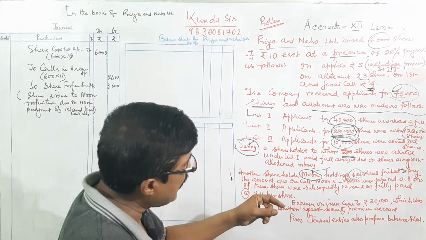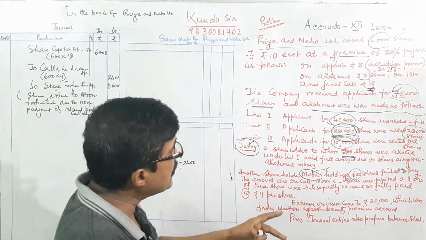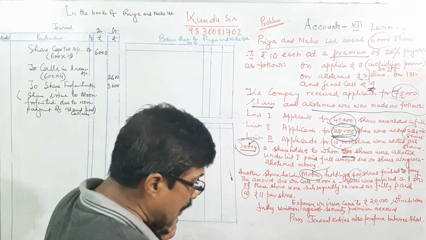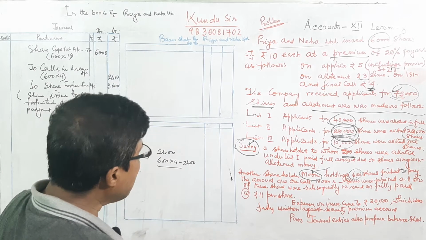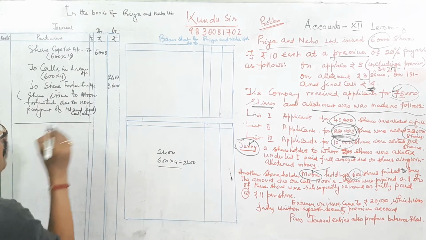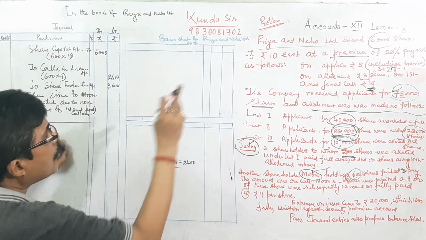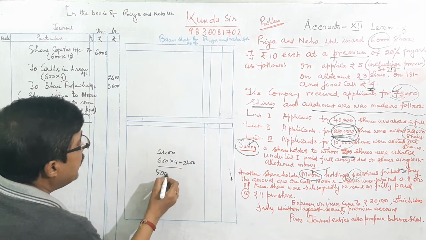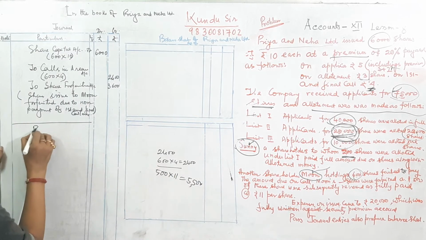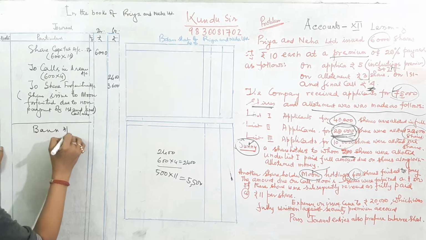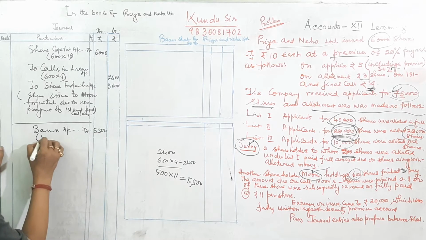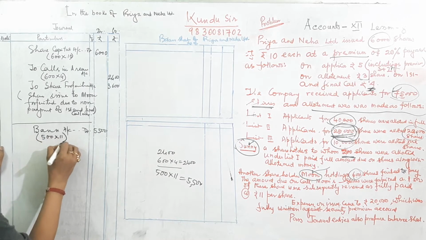Out of 600 shares, 500 are reissued at the rate of rupees 11 as fully paid shares. So, fully paid shares the company is reissuing, 500 into 11, then 5,500. That is bank account debit 5,500, that means 500 into 11.